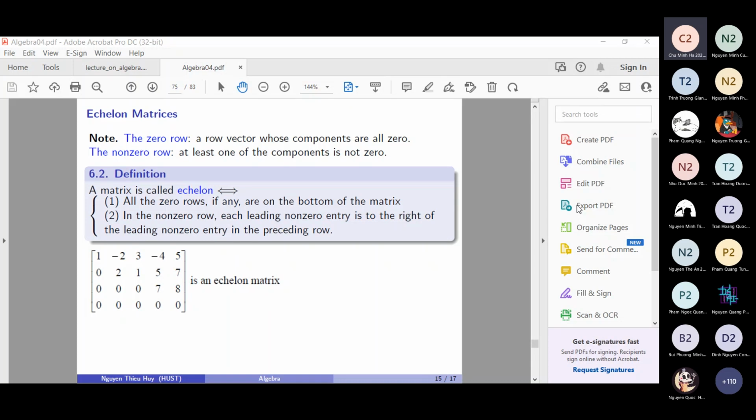Let me tell you an example. Yeah? Here is an upper triangular matrix. Upper means that the lower part is 0.